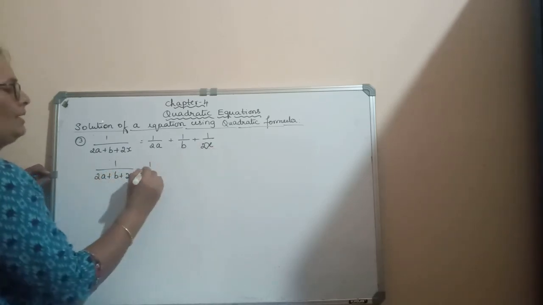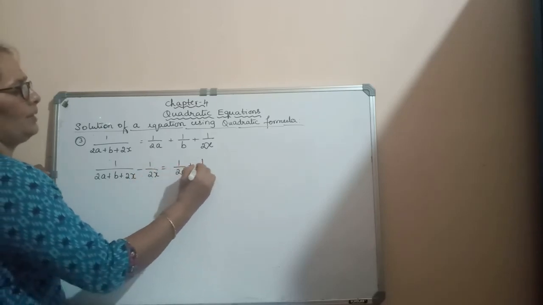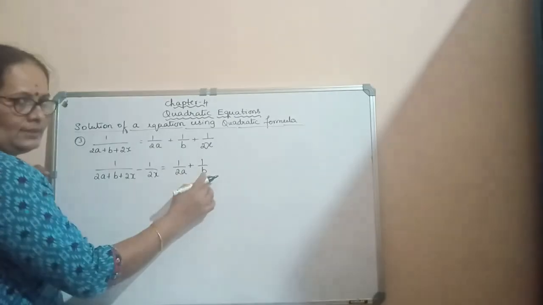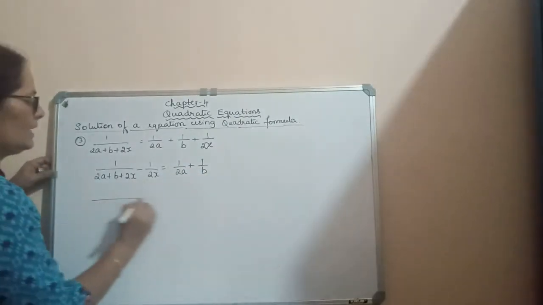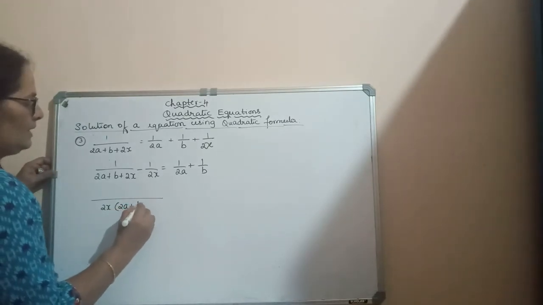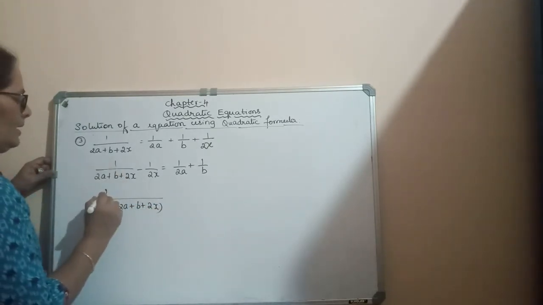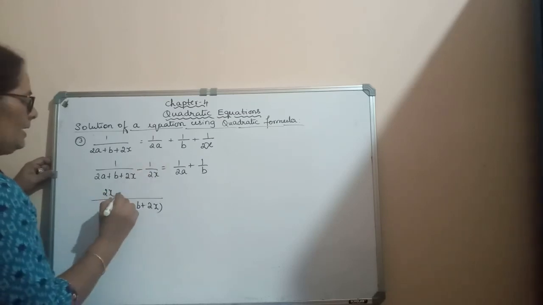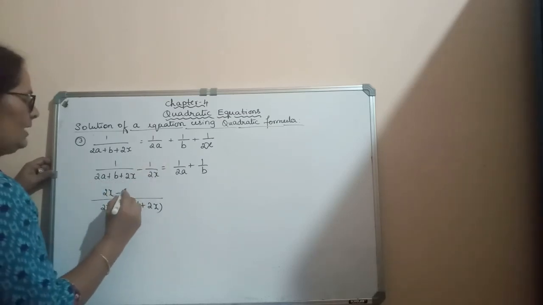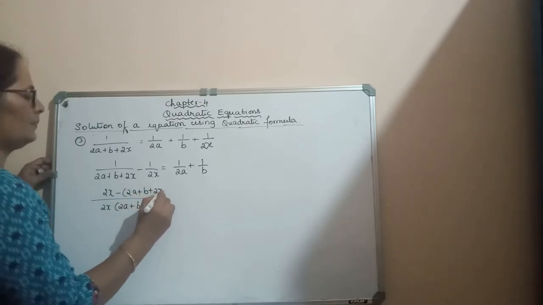So 1 by 2x equals to 1 by 2a plus 1 by b. These two are the constant terms. Now take LCM. So 2x, 2a plus b plus 2x. So here multiply by 2x and here multiply by 2a plus b plus 2x.